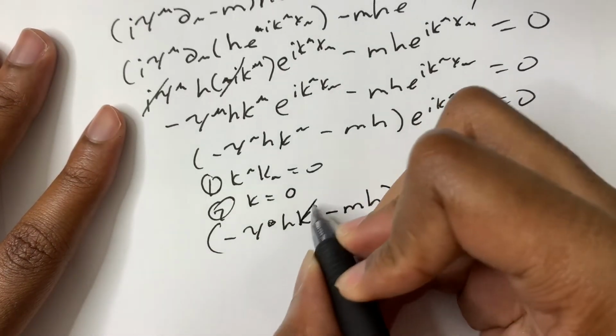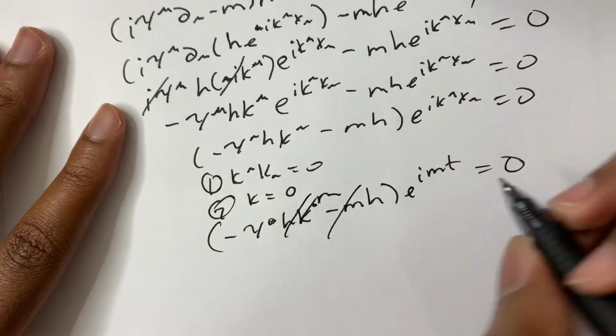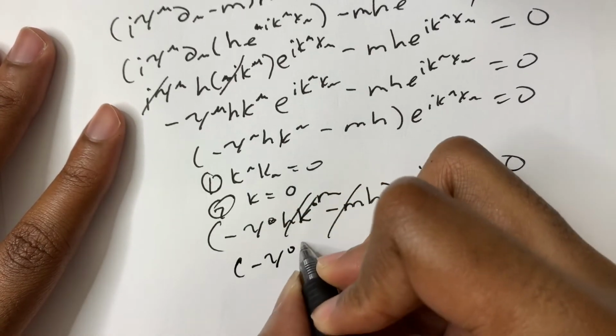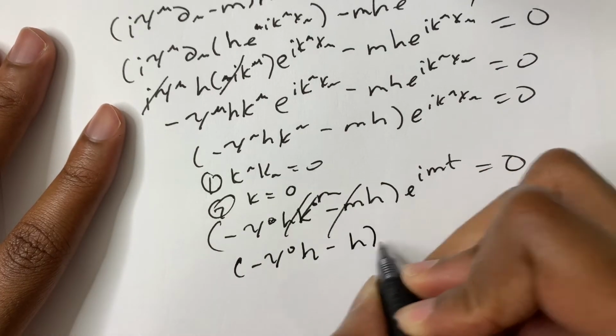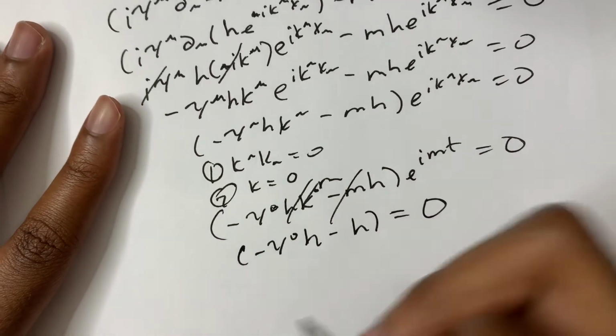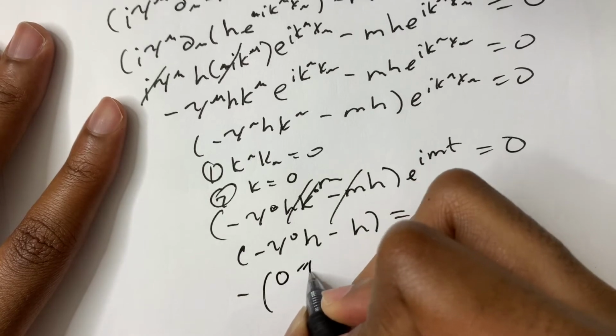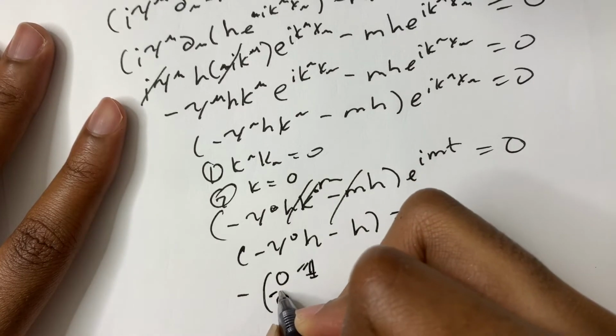And this is just an m. These m's will cancel out. We have minus this, h, still an h here, equals 0. So we have minus this, oops, should be a 1.